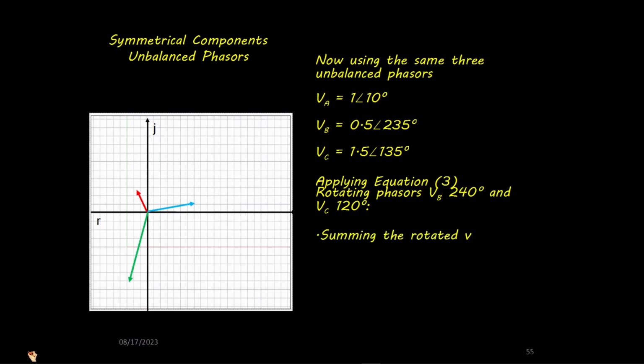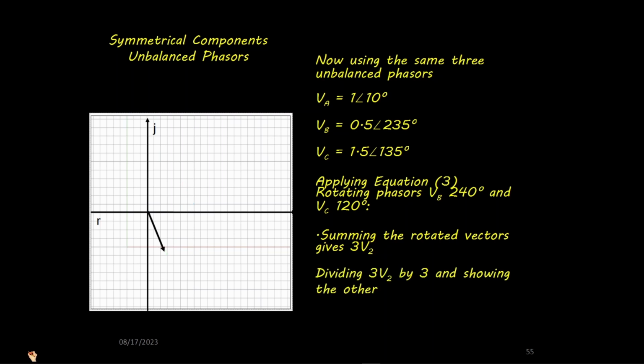Summing the rotated vectors gives 3V2. Dividing 3V2 by 3 and showing the other two phases gives us our balanced negative sequence component.